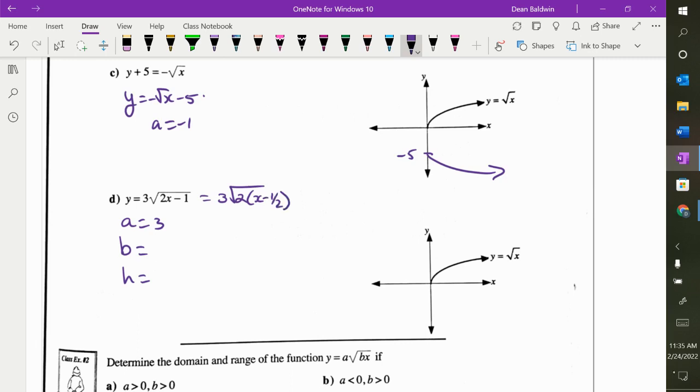X minus a half, or x minus 0.5 for the people that prefer decimals. So A is 3, B is 2, which is a horizontal stretch by 1/2, and H is 1/2, which means you went which way? To the right.